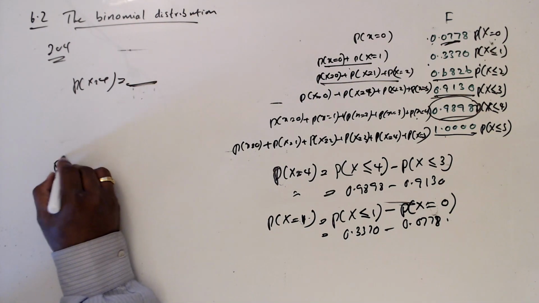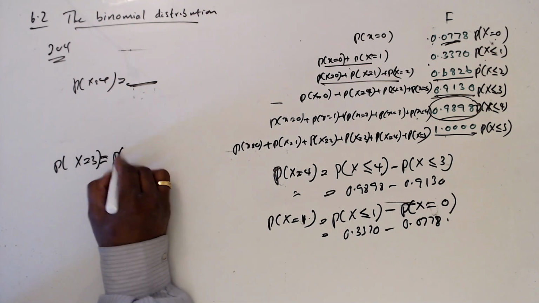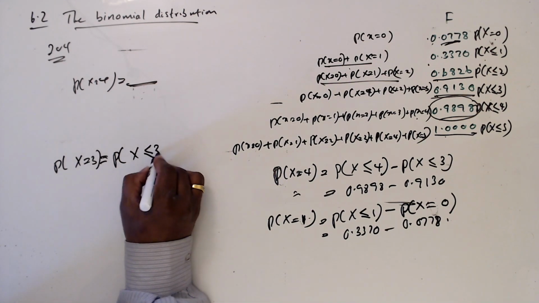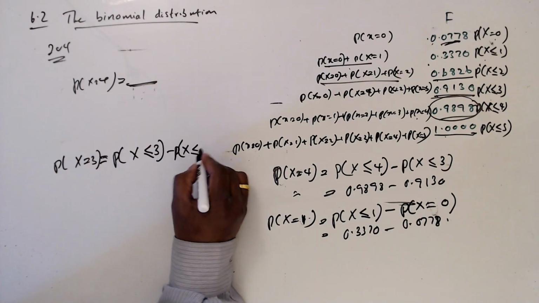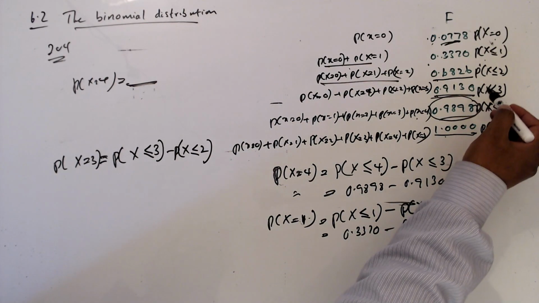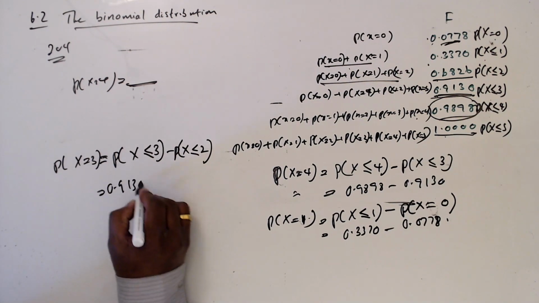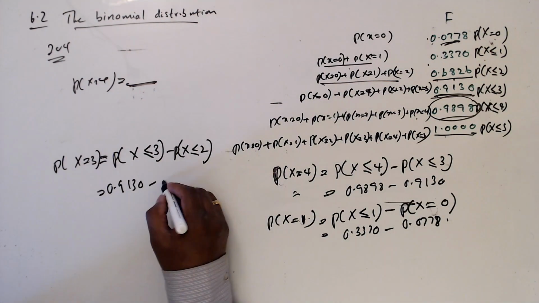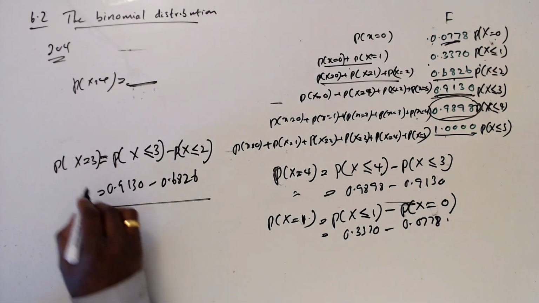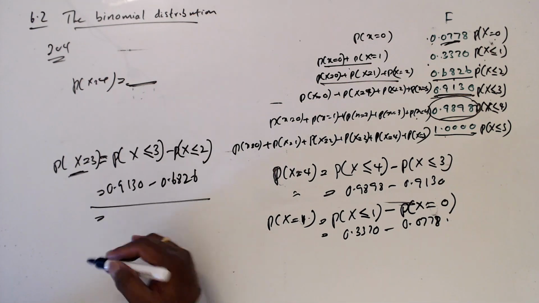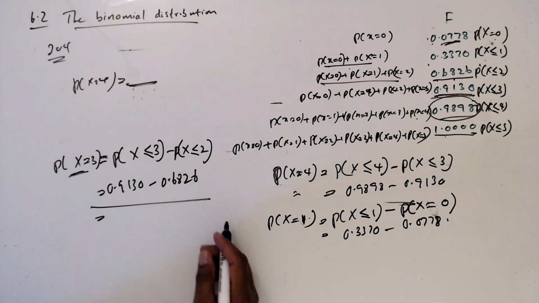Another one, probability of x equal 3 you want. Then probability of x less than or equal to 3 minus probability of x less than or equal to 2, so 0.9130 minus 0.6826. Then only you get x equal 3. So this is if you refer to the table. Otherwise you can use the calculator.